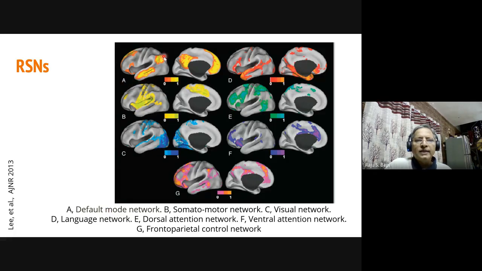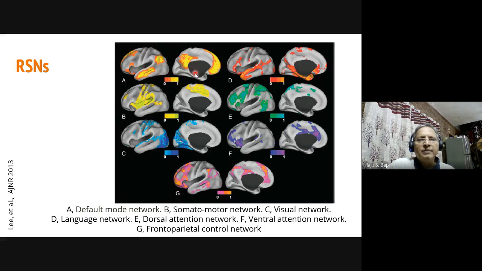What is shown here is the lateral view of the brain and the medial view of the brain, and the regional correlations on a scale of 0 to 1: high correlation is yellow and lower correlation toward the red part of this kind of color coding. Now, what you see are areas in posterior cingulate cortex, medial frontal cortex, and hippocampus.